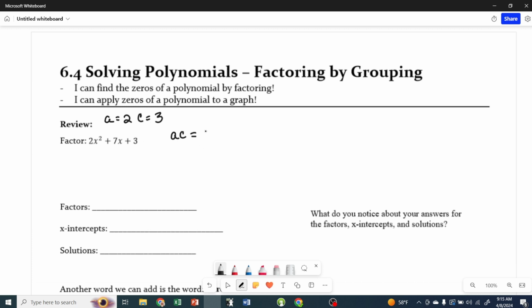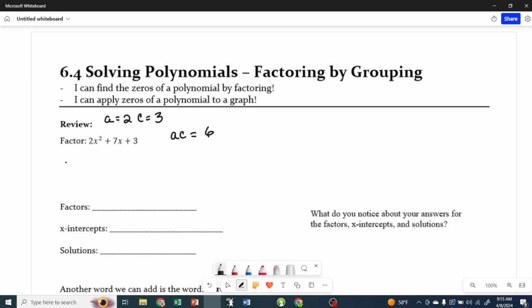So A times C in this situation is equal to 6. So the factors of 6 that add up to 7, those factors would be 6 and 1.